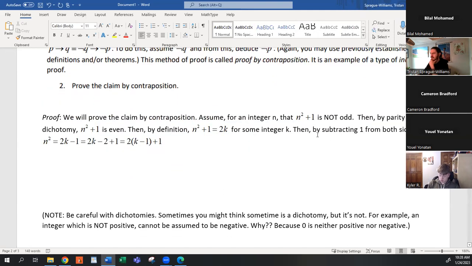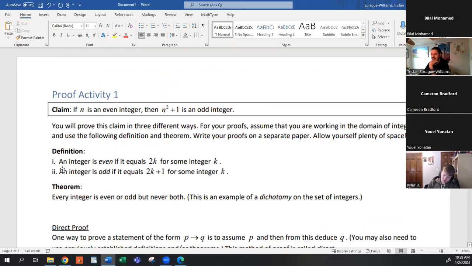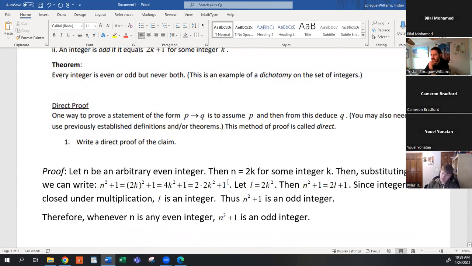Okay, so then by subtracting 1 from both sides, we have this. N squared is equal to 2 times (k minus 1) plus 1. The reason I did this little gymnastics with my numbers is because I wanted to get it into the format of 2 times an integer plus 1, which is the very specific definition of an odd integer.